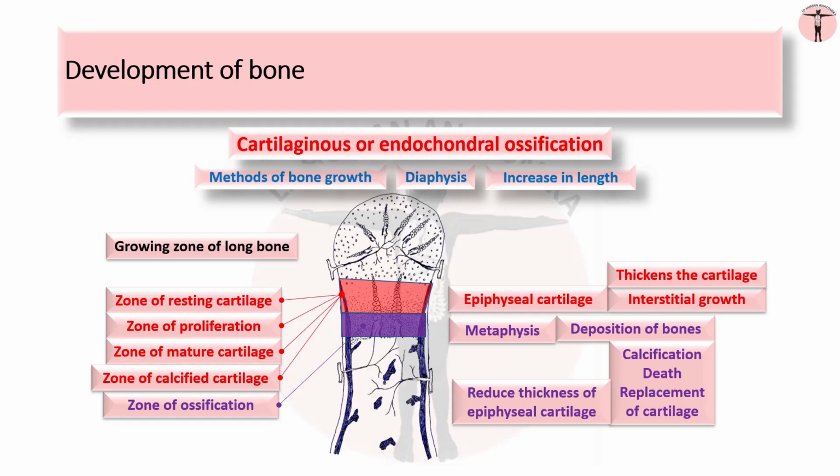On completion of bone growth, the epiphyseal cartilage stops proliferation and the epiphysis fuses with the diaphysis.